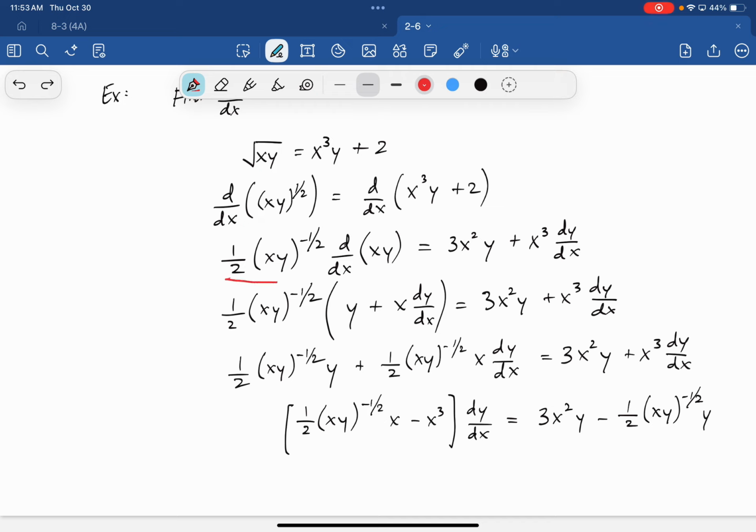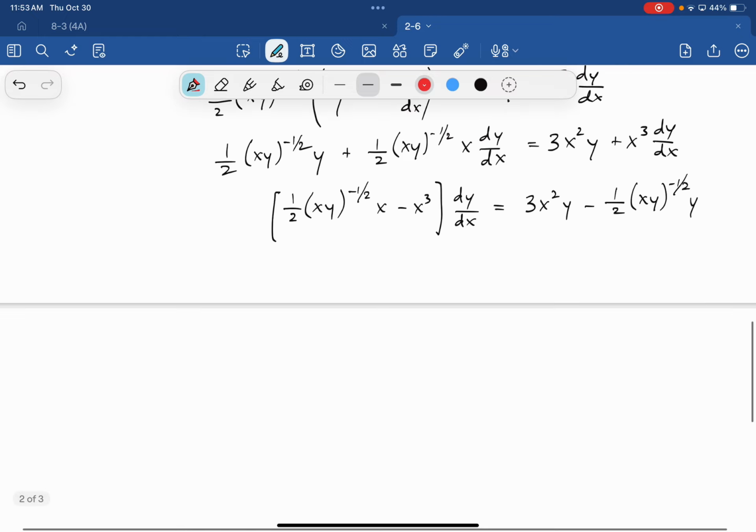So this 1/2 xy to the negative half comes from the derivative of this half here. But I also need to multiply by the derivative of the inside, so that's d/dx of xy. Even if you could use power rule there, if there's a y there, you still need to use product rule, because this is not just power rule. There's a function inside, of xy.